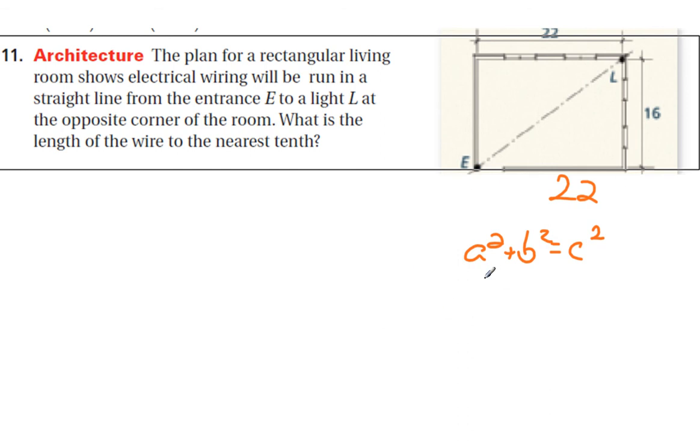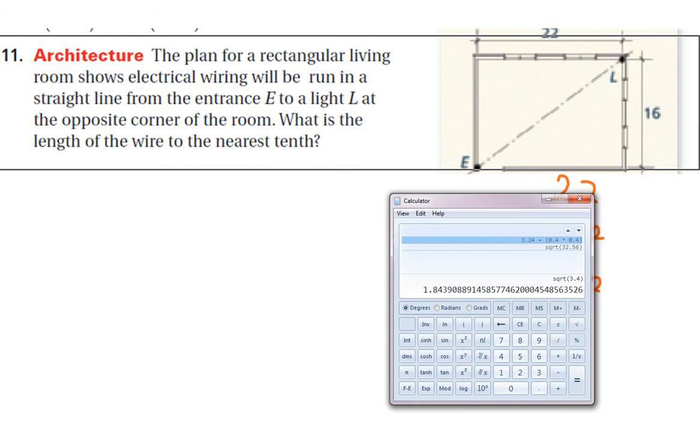So this is just 16 squared plus 22 squared equals, is anyone listening anymore, c squared? 16 squared is 256. 22 squared is, I don't know, 444? That's not right. Is that right? Let's check. 484.